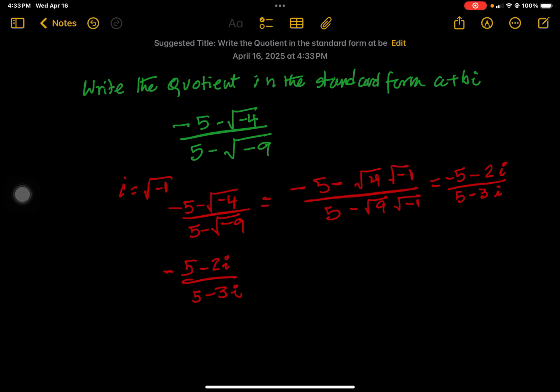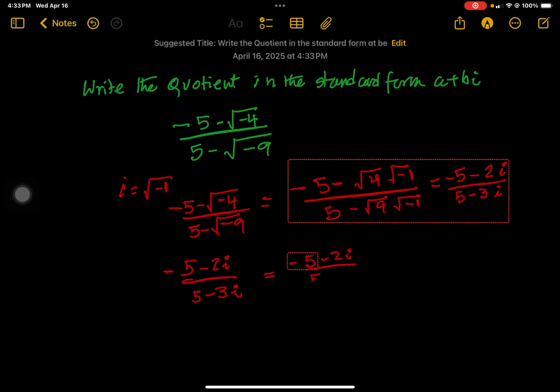So the expression we have to simplify is minus 5 divided by 5 minus 3i. The way we simplify this is to multiply the numerator and denominator by the conjugate. That means the same term but with the opposite sign. We look for the conjugate of the term in the denominator, but we multiply by the same quantity in the numerator and the denominator.